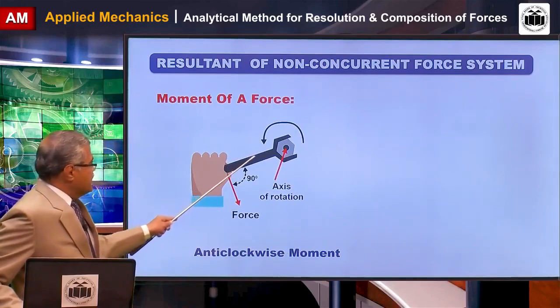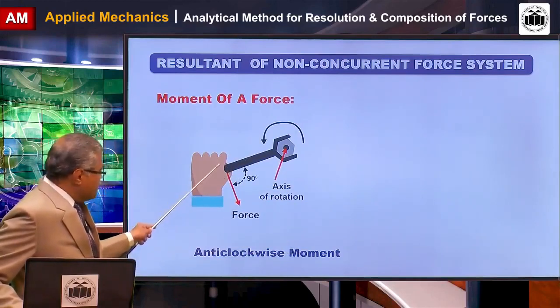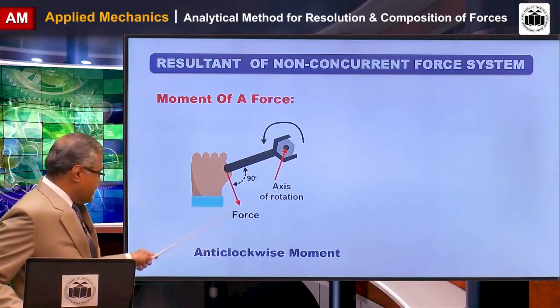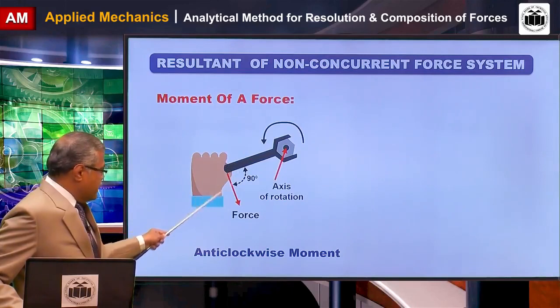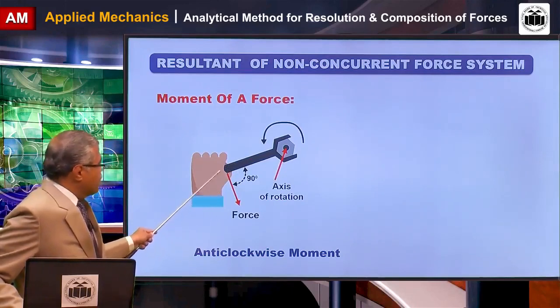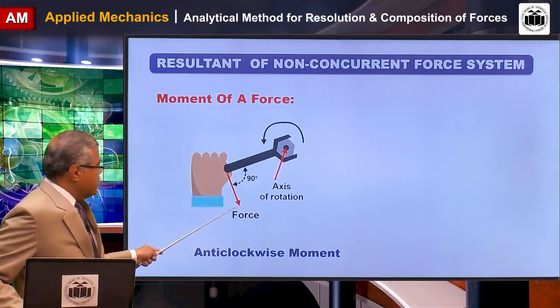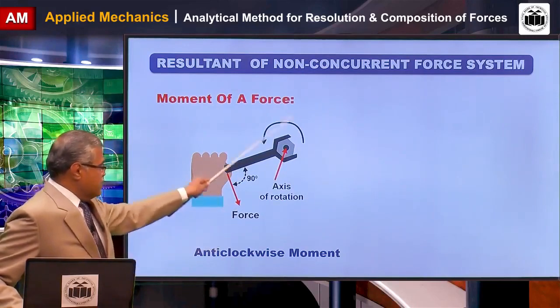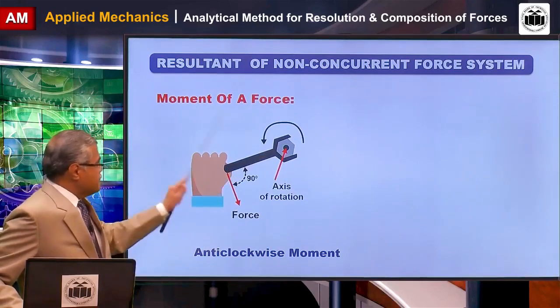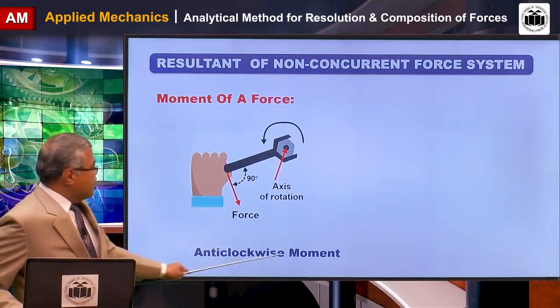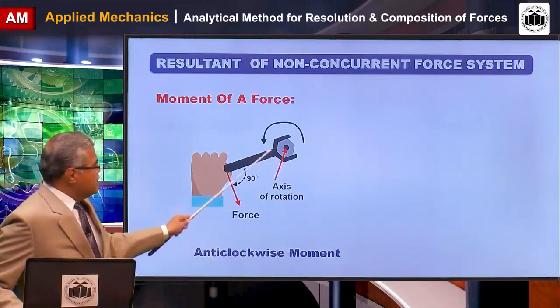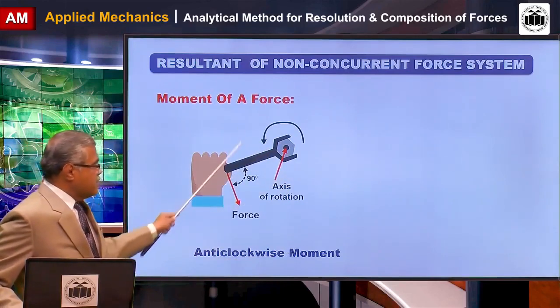This rotation is possible because of the force in this direction, and this angle needs to be 90 degrees, because if the force is applied at 90 degrees, then we get maximum rotation about this axis. In this case the nature is called anti-clockwise movement, because the rotation of the nut is in anti-clockwise direction.